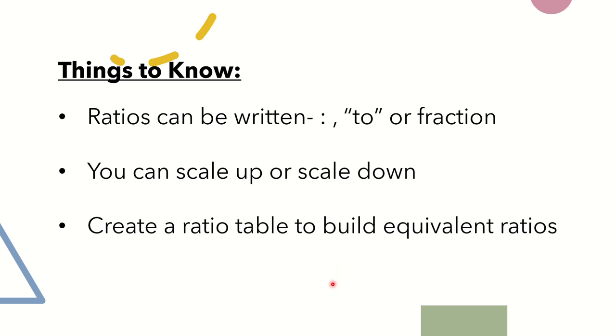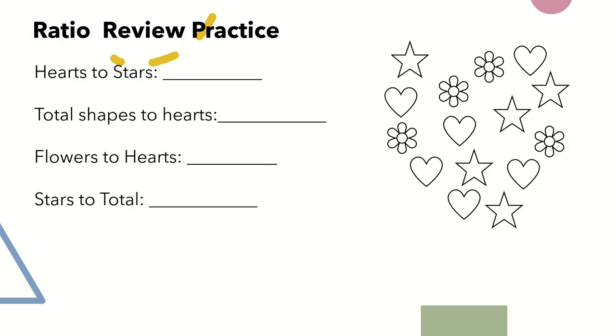Let's quickly review ratios using this practice that I created. So remember that a ratio has to go in a particular order. So whatever order it's written in, it has to be written in. So in this case, we want to know what's the ratio of hearts to stars.